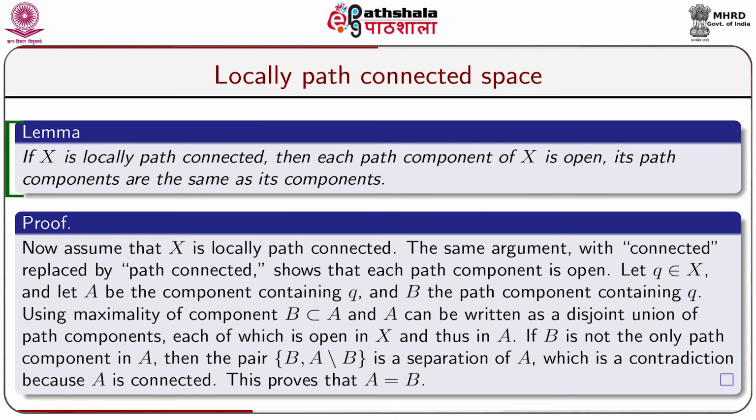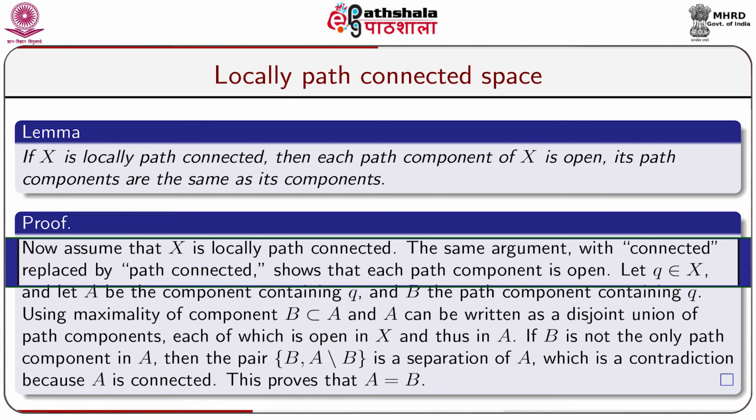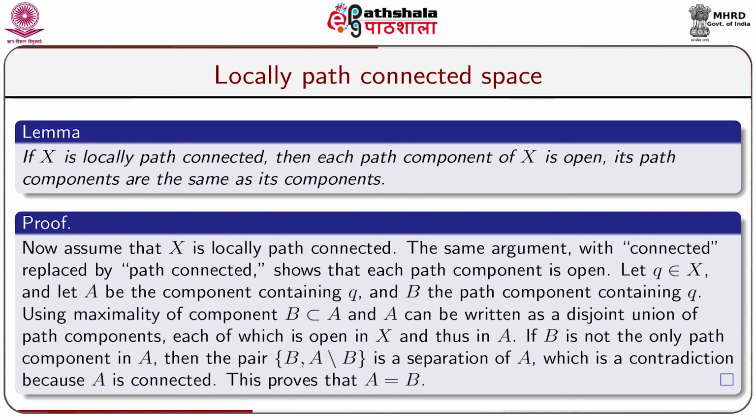So, this lemma gives us our final target. To prove that, let us assume that X is locally path connected. The same argument with connected replaced by path connected shows that each path component is open.